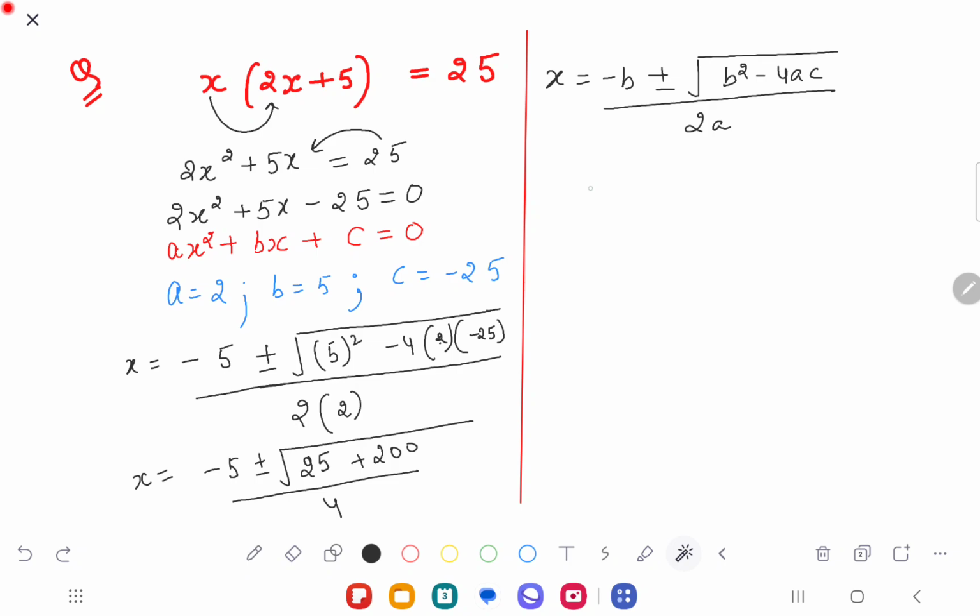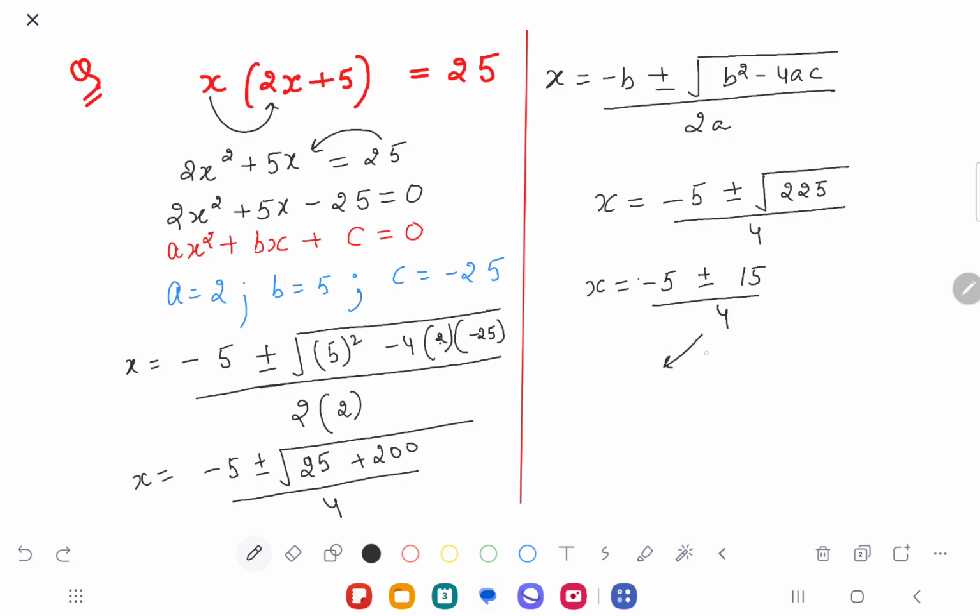So I hope you're understanding that x shall be minus 5 plus minus under root of 225 over 4. So x shall be minus 5 plus minus root 225, which is basically 15, so this shall become 15 over 4.